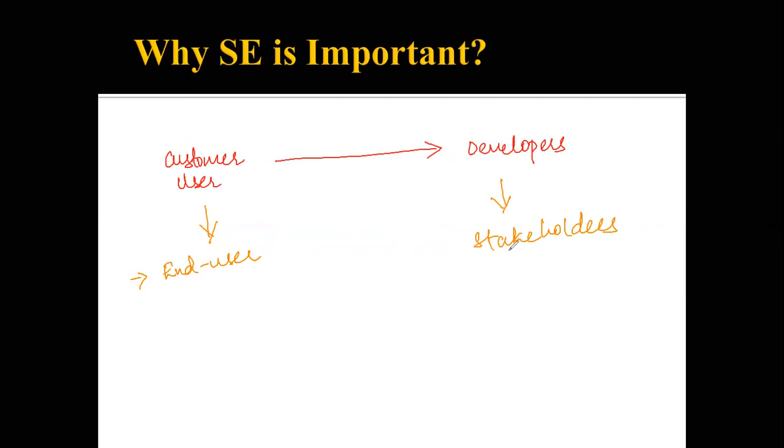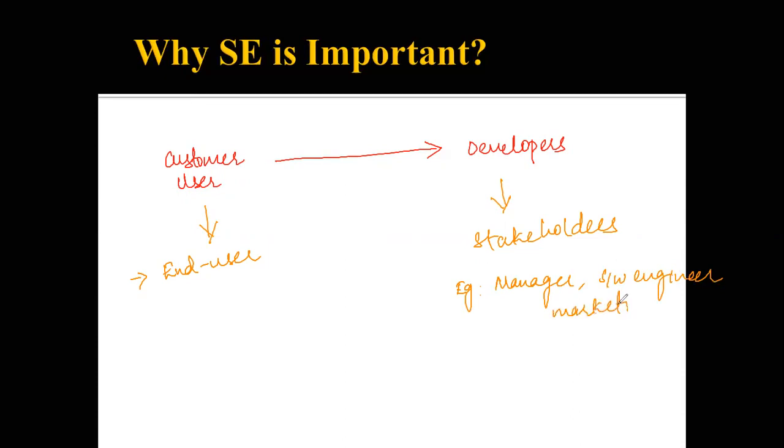Stakeholders means any people that are going to be directly impacted by the development of the software. Directly impacted means you can have a manager, a software engineer, or the marketing people.